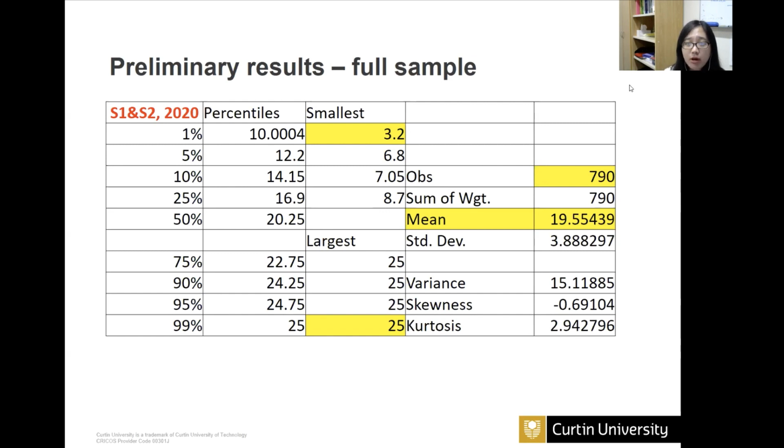The total mark for the mid-semester test is 25, and the mean, or average, score is 19.55. The lowest score is 3.2, and the highest is 25.